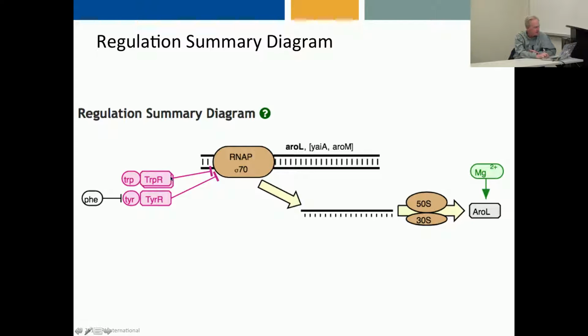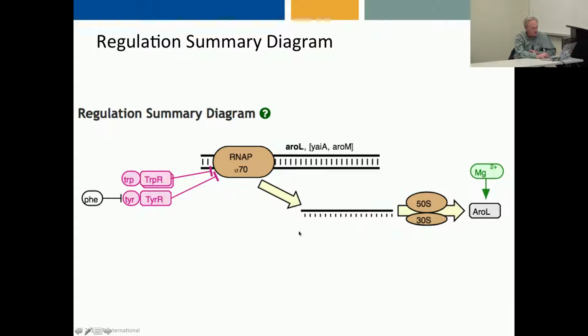We're seeing that there are 2 different genes that inhibit the production of ARO-L, the transcription of ARO-L, that is. And those 2 genes are sensitive to metabolites called tryptophan, tyrosine, and phenylalanine.